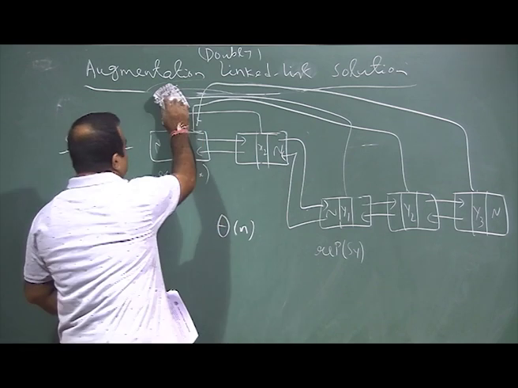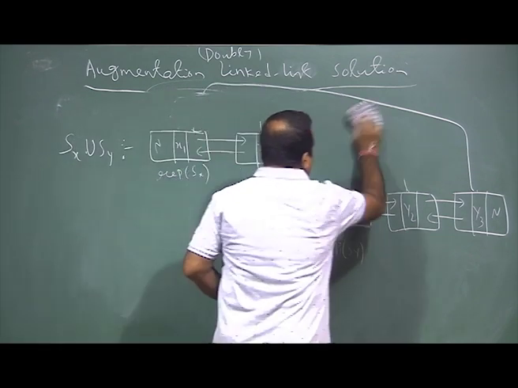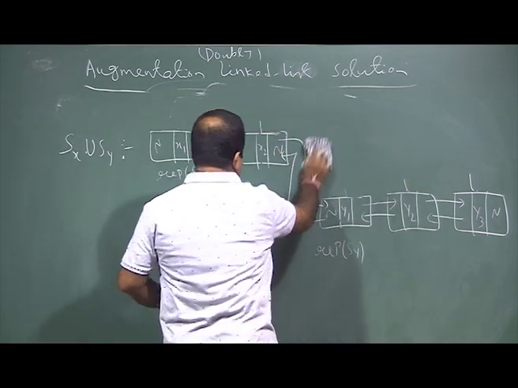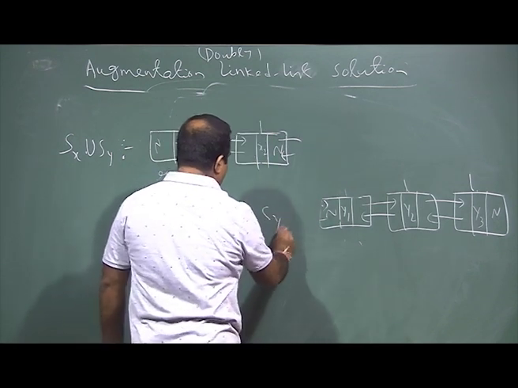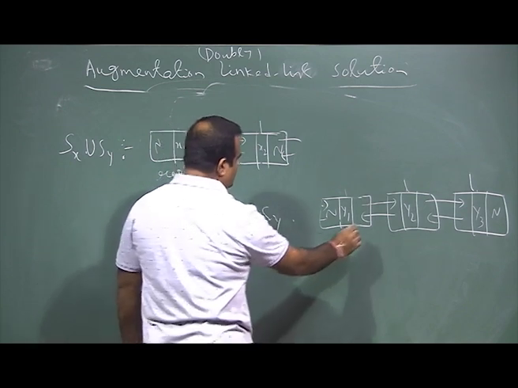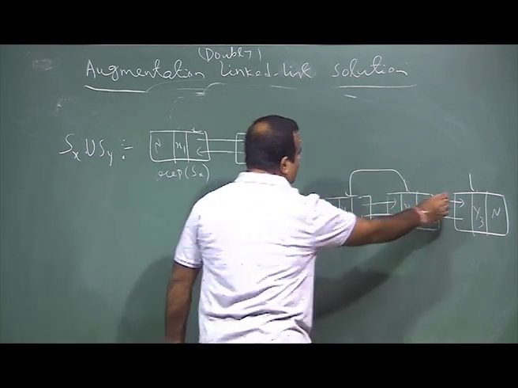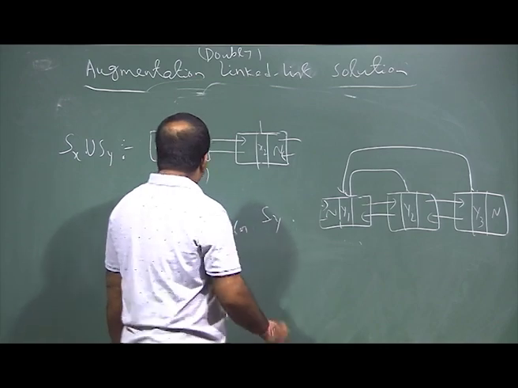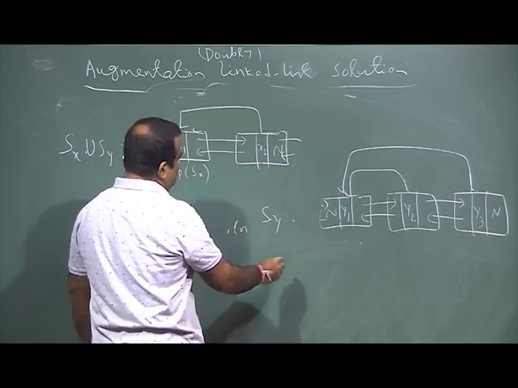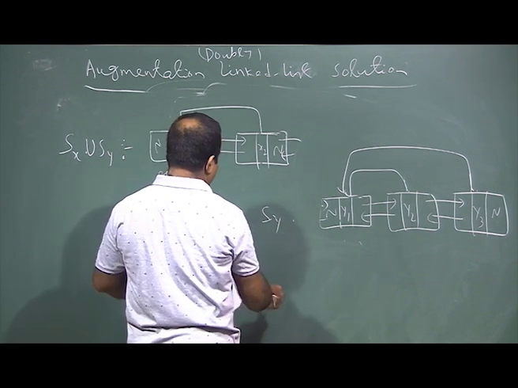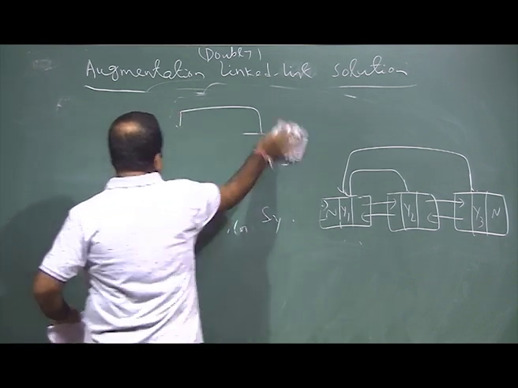So instead of this, what we do: this is our S y, and everybody was pointing here in S y. Now we are merging this set with this set. Let us write again.